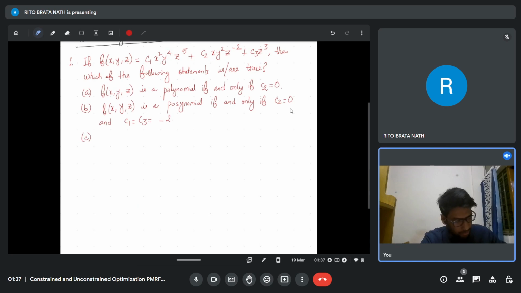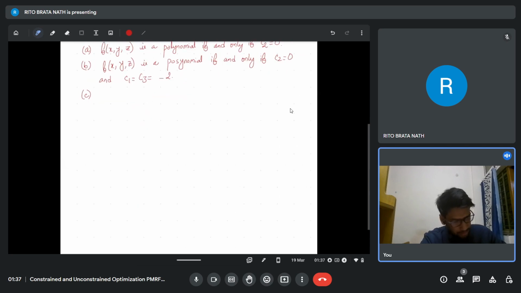Option C tells you that f of xyz is a polynomial irrespective of the value of c2.